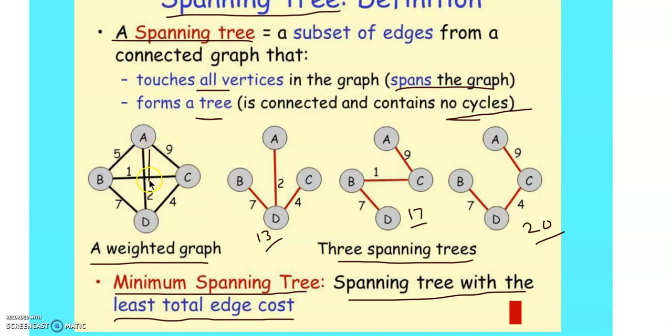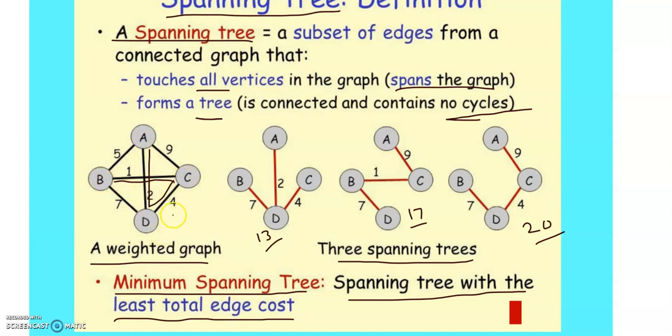A to D and then D to C and then C to B. You see A, D, C, B. This is a spanning tree and minimum weight because A to D 2, D to C 4, C to B 1.